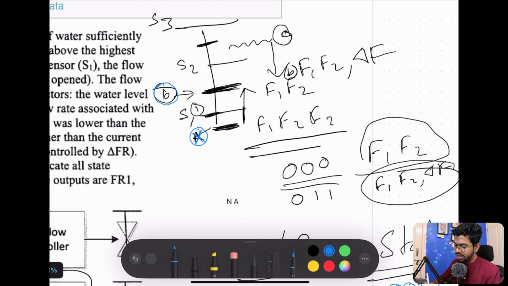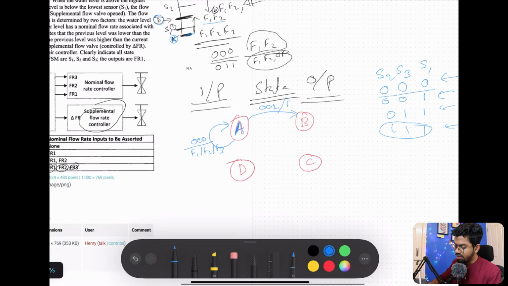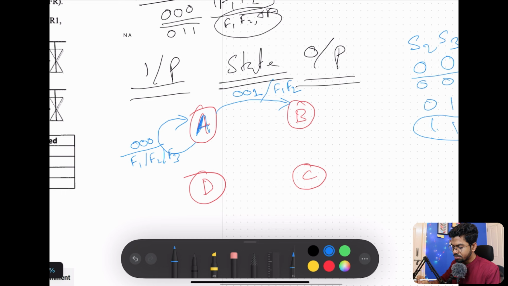That implies previously it was below S1, and now it is going above S1. So at that time your output would be F1 and F2, only 2 taps would be on. So I'll just write F1 and F2, perfect.